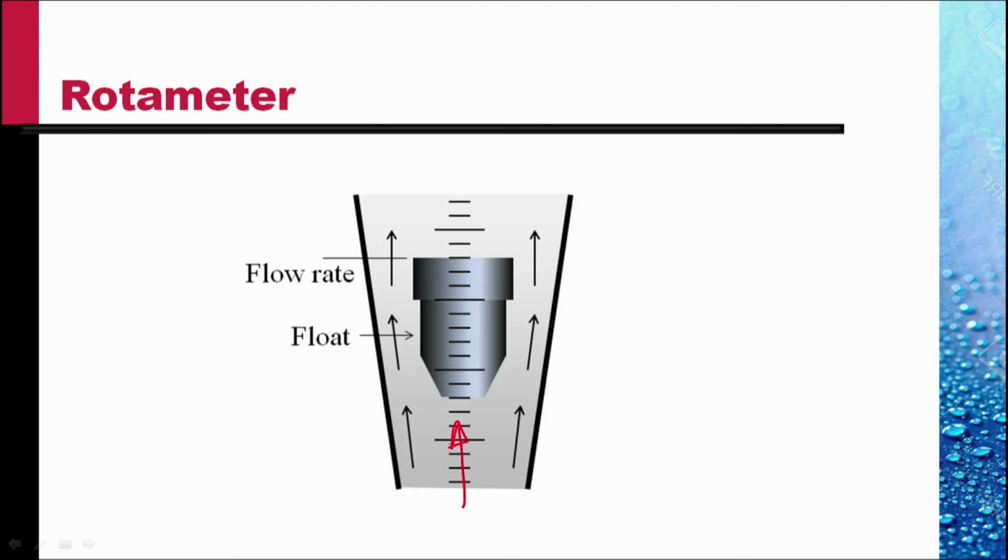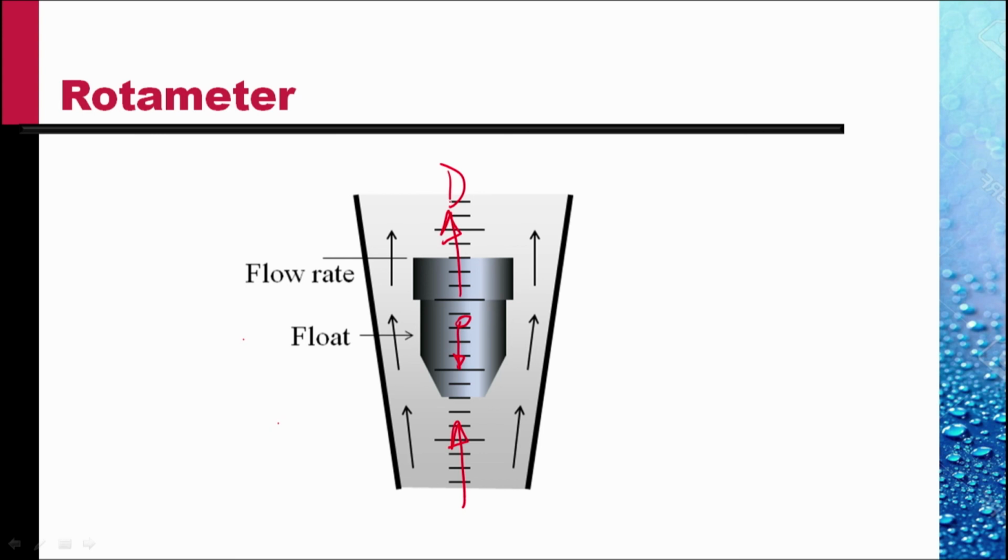This float is in equilibrium under two kinds of forces. One is the weight of the float downwards, and the other is the drag on the float because of the fluid motion.